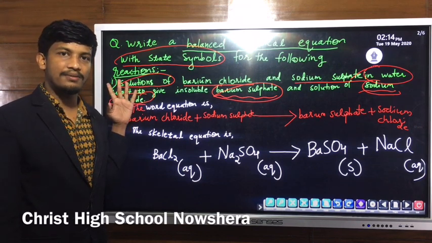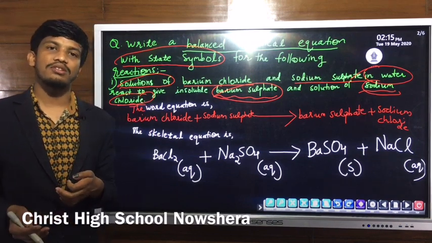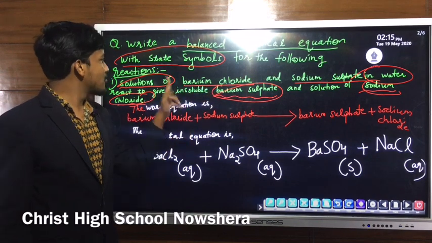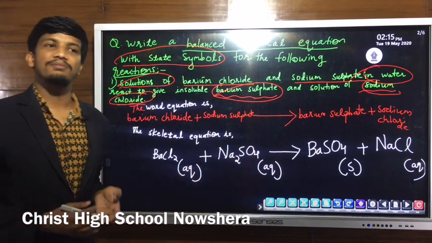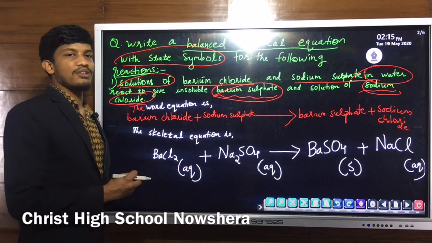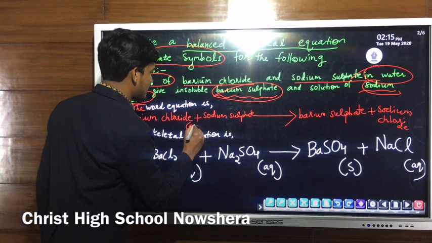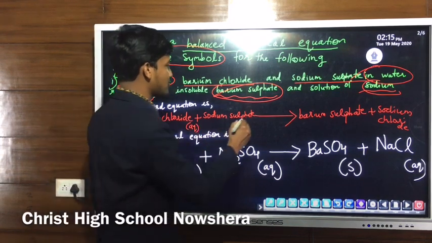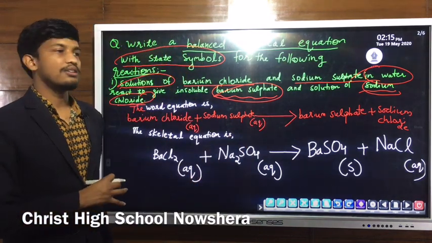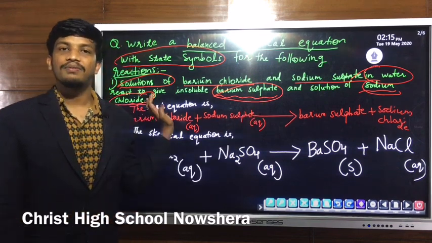Aqueous solution, as we have learned. That means both the reactants have the physical state aqueous solution. For aqueous solution, we use the abbreviation small letter aq. So both the reactants are aqueous solution. Then we will write the physical states of products.